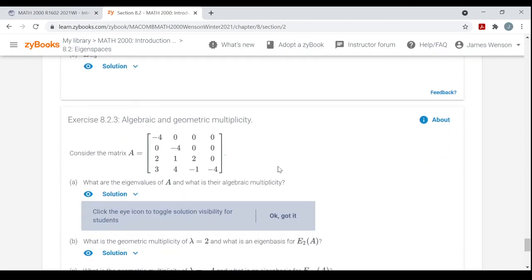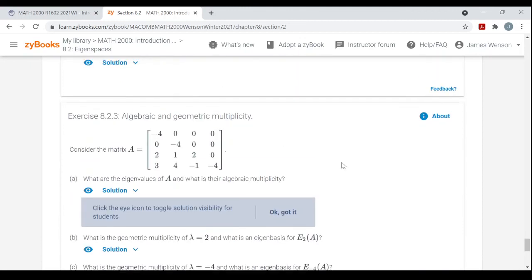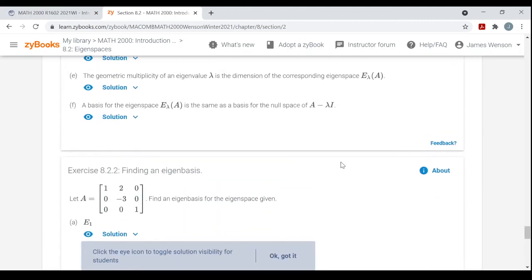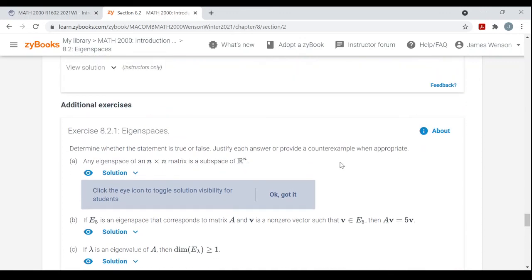Then you have your exercises. Again, some of these are on your assignment. Some are not. Even if they're not assigned, I would still recommend looking at all of them, trying them all, just to get more exposure to the material, maybe get better at it, more practice.